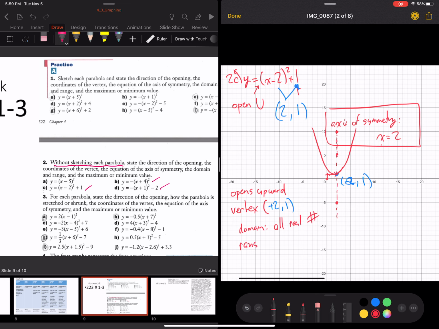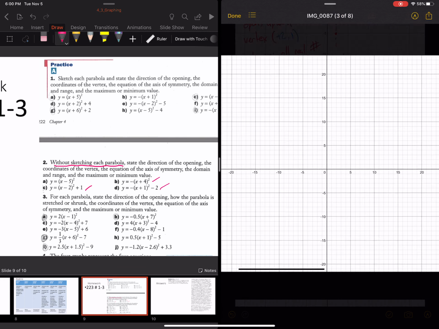Our range: all real numbers such that y is greater than or equal to 1. That means I have a minimum value. It cannot go lower than 1. Min equals 1. There we go.